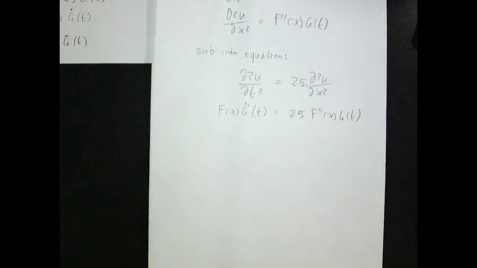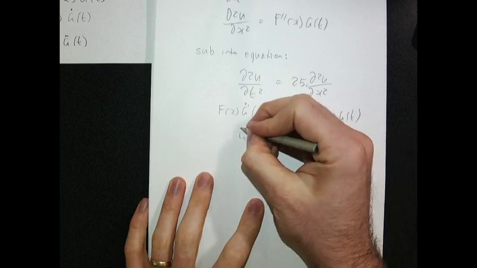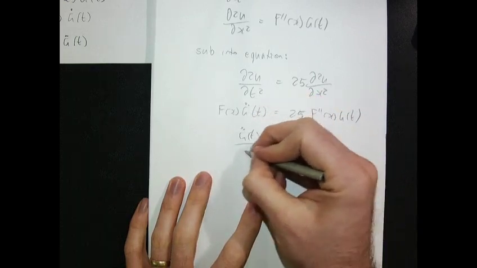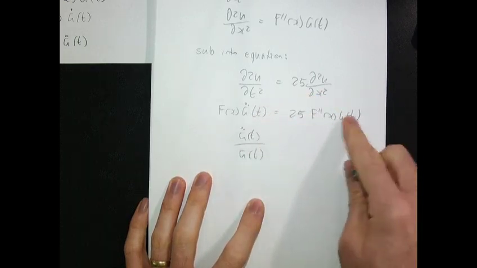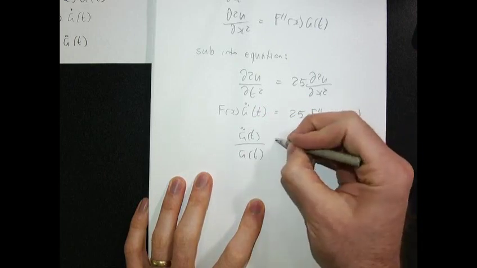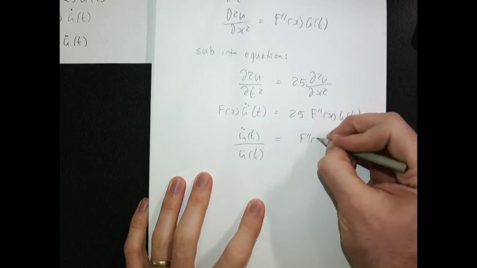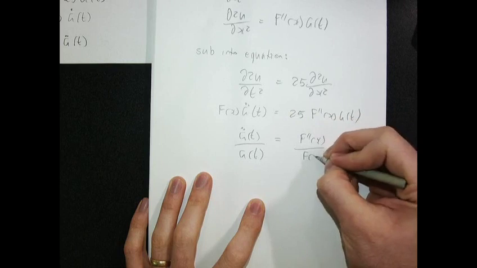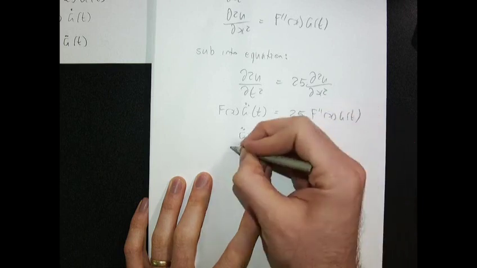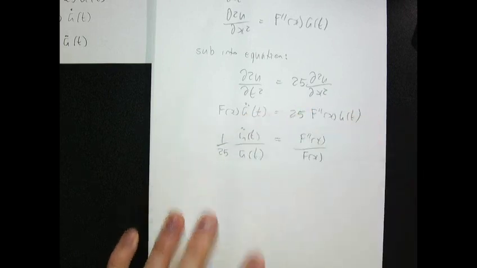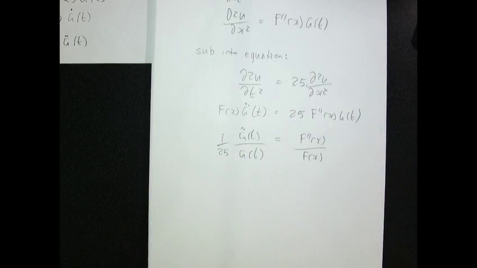So we're going to do it with the derivatives on the top and the original functions on the bottom. So divide by this. And we'll also divide by the 25, so it ends up over there.